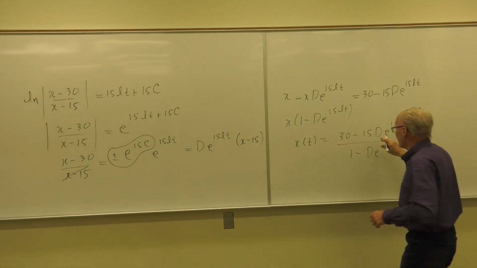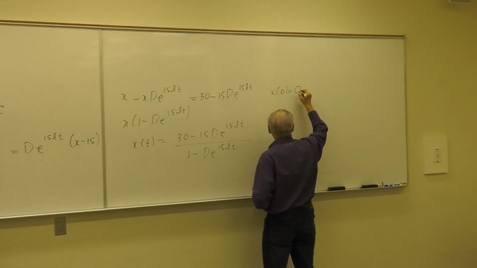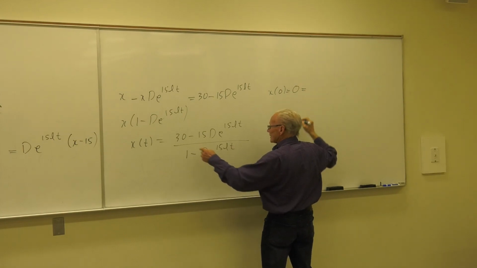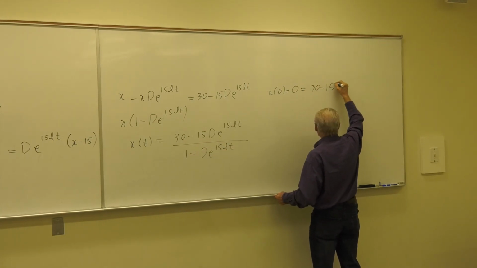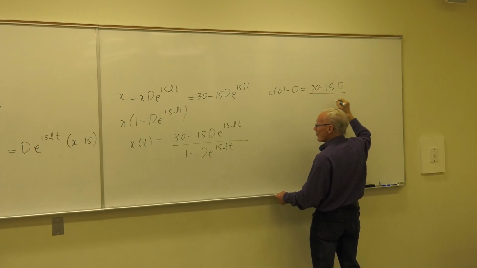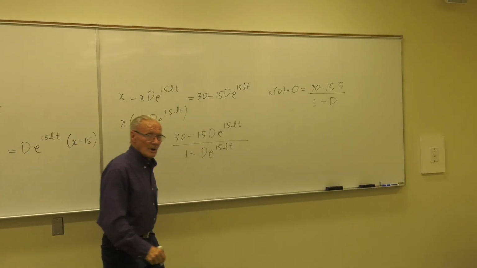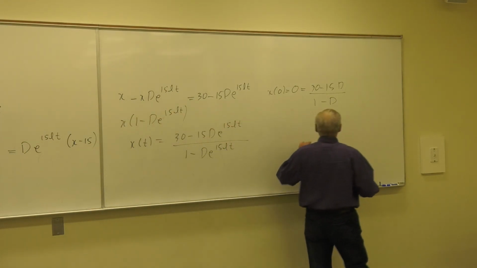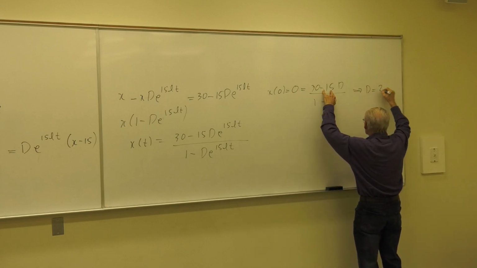There, we've got the amount of c explicitly now. Now let's go get the d. We've got that x at 0 is 0. So if we put in t equal to 0, we get 30 minus 15d over 1 minus d. Well, if that's true, then the top has to be 0, and that implies that d is equal to 2.